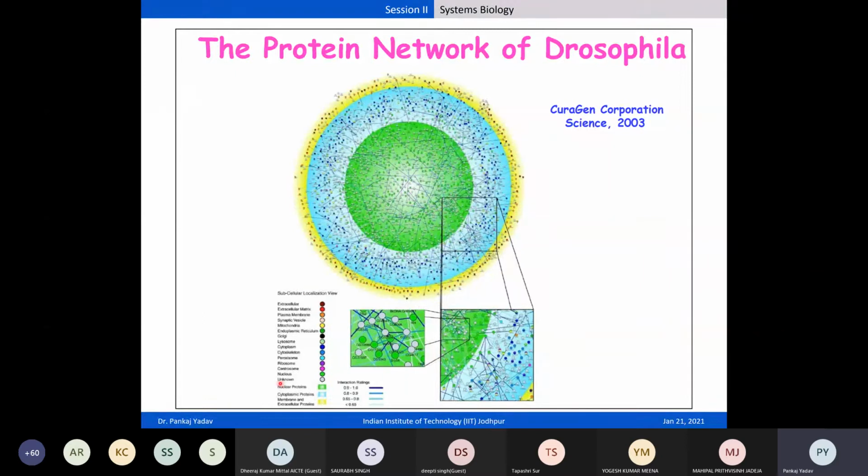The legends describe the subcellular localization of the proteins, so which regions of the cell these proteins belong to. Some may fall into extracellular, plasma membrane proteins, or mitochondrial proteins. This is a very interesting paper that came up in the early 2000s. And as I was saying, the thickness of the edge represents the strength of interaction.